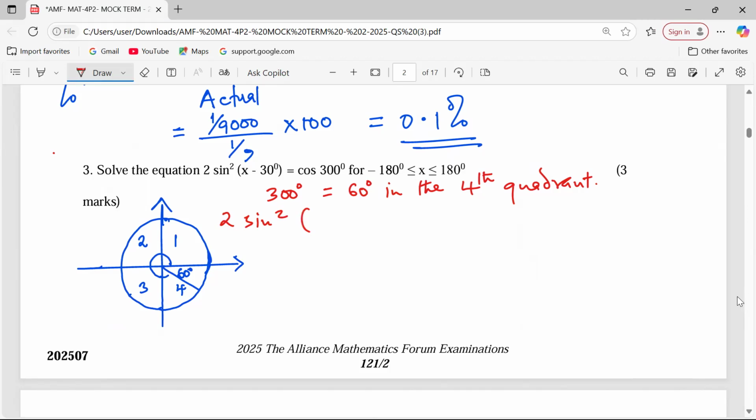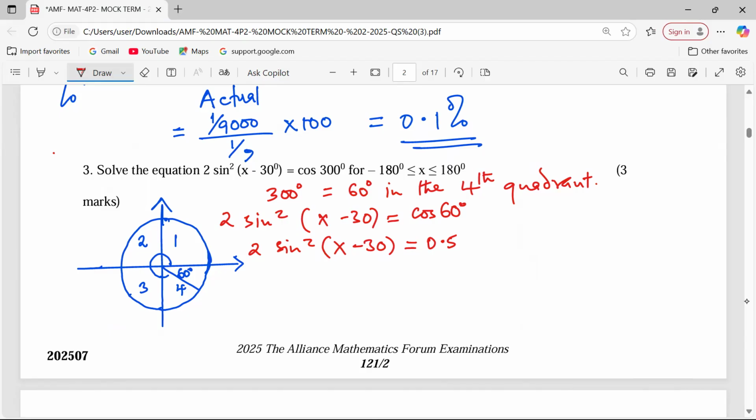With that knowledge, back to the equation: 2 sine squared of (x minus 30) is equivalent to 2 cosine of 60 degrees. What is the value of cos 60?